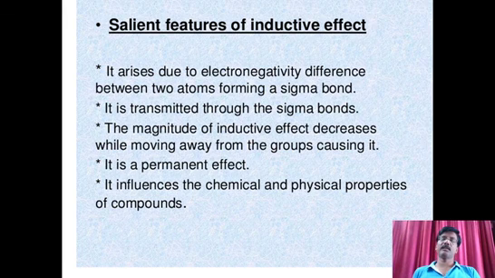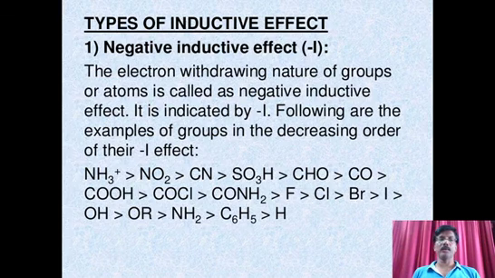The first carbon will have more impact, and it is a permanent effect. It is not temporary. Definitely, due to this inductive effect, there are many things we can understand about the physical and chemical properties of a compound.